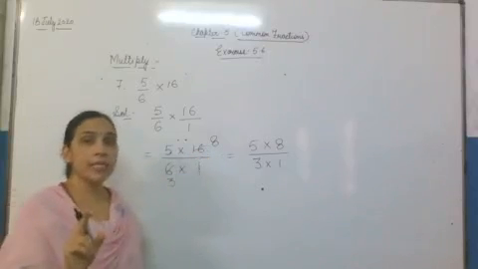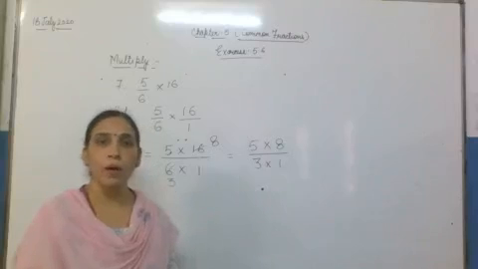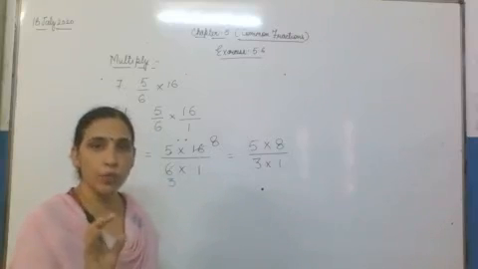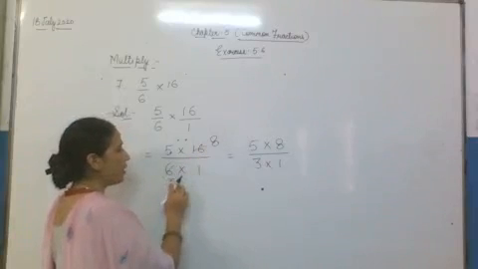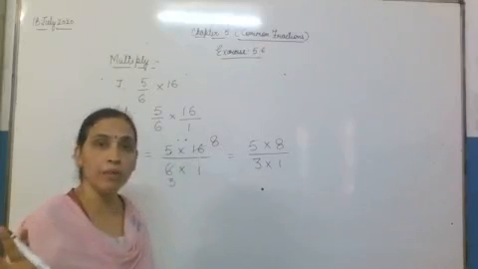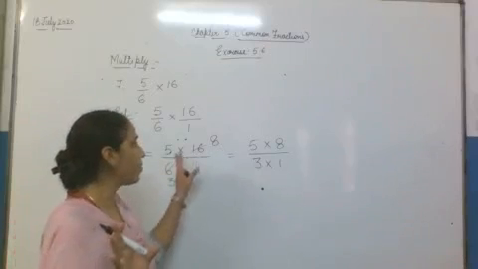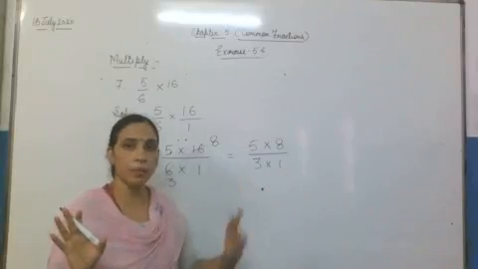Now 16 and 6 both come in the table of 2, means 2 is a common factor, so we can cancel it. 2 8s and then 2 3s. Now whatever numbers are left, you will multiply. Now 5 will be multiplied by 8, and 3 will be multiplied by 1.